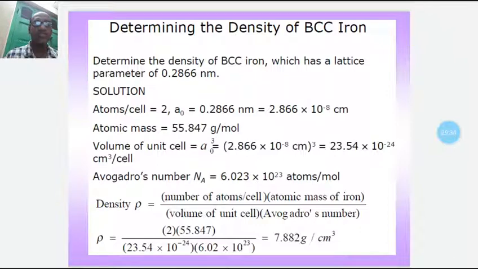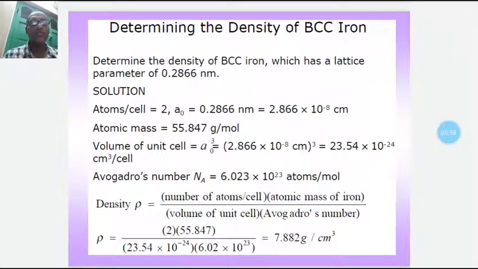That is, if we convert into centimeter, 2.866 into 10 to the power minus 8 centimeter. Atomic mass for iron is 55.847 gram per mole, which is also known to us.